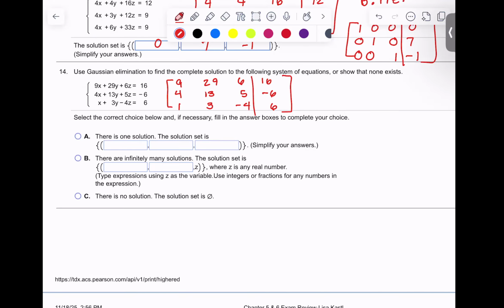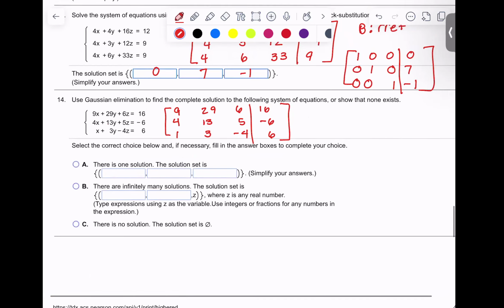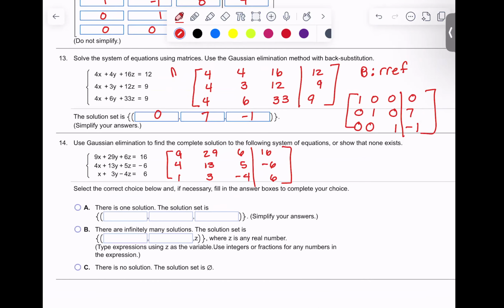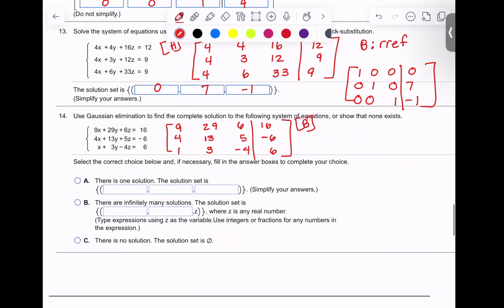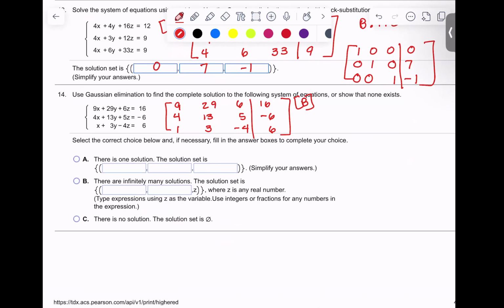Okay, so now I'm going to put this in my calculator, and I'm going to put this in matrix B. As a matter of fact, I typically write on my paper where I put it, and that way I can keep track of where it's at. Okay, so I'm going to share my calculator.